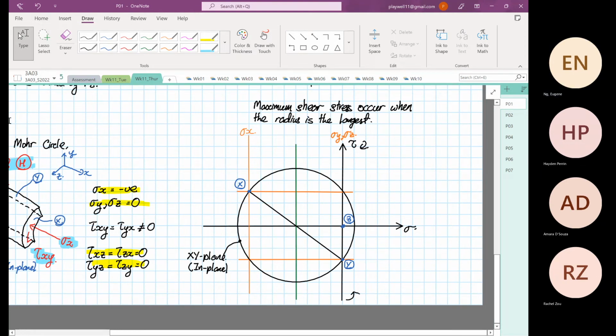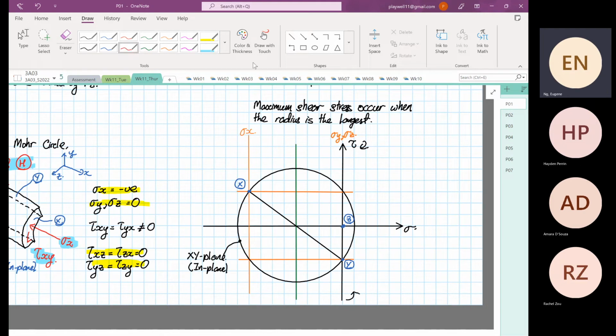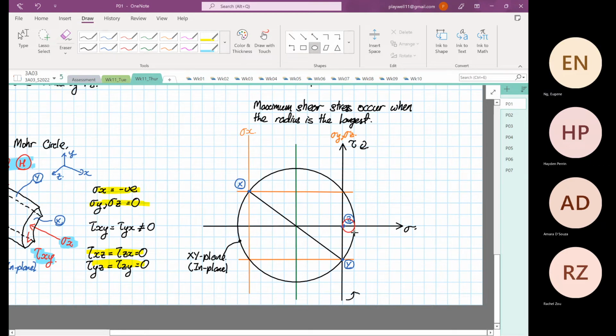You have one circle over here, and this circle represents the YZ plane. And this is your out of plane.